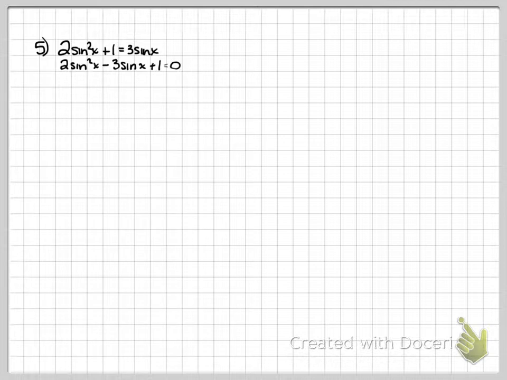This should look very familiar to you. This is like a quadratic equation that you've solved before of an x squared minus 3x plus 1. Or 2x squared minus 3x plus 1. Just factor it like you normally would. And this would factor be 2 sine x minus 1, and then sine x minus 1.